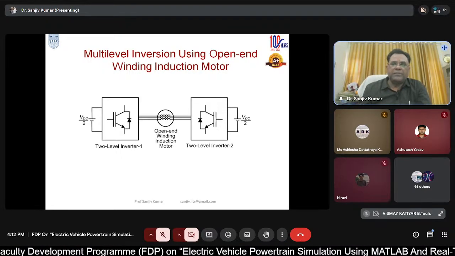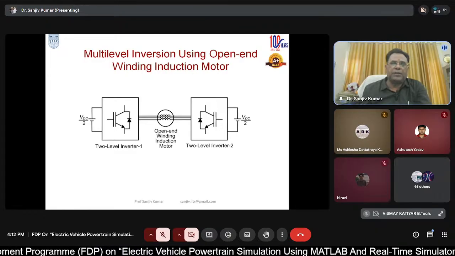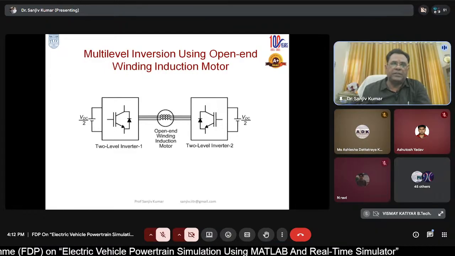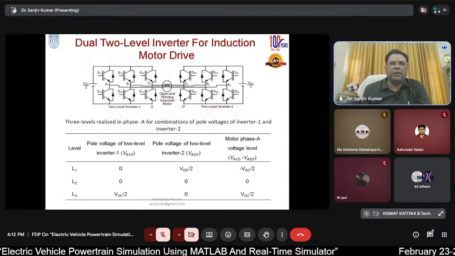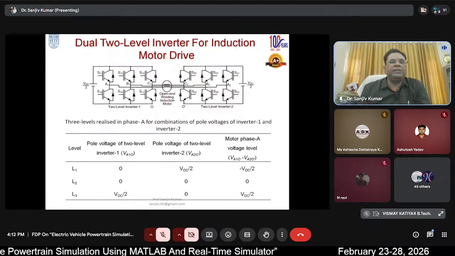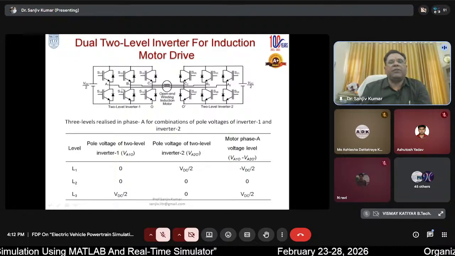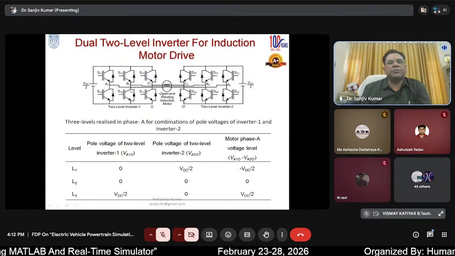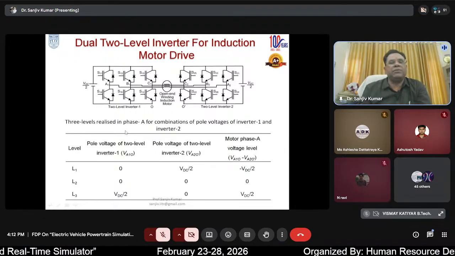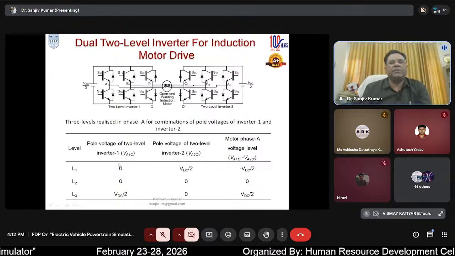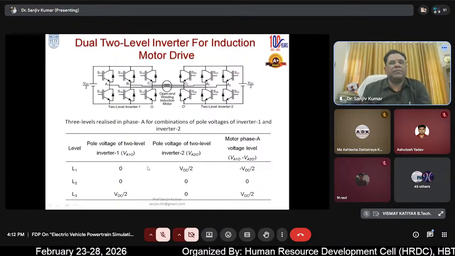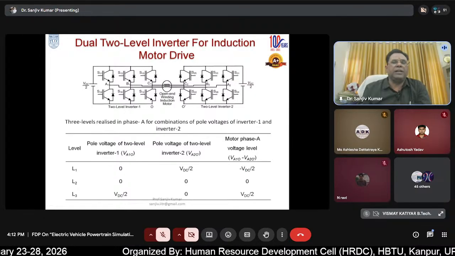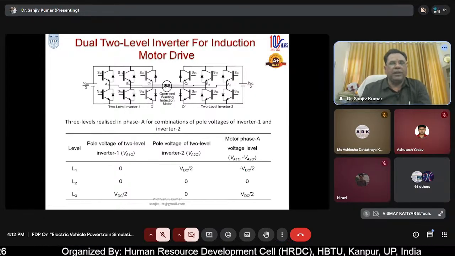You are simply feeding from two inverters, so each battery voltage is half of the full. This configuration using two-level inverters gives voltage performance equivalent to a 3-level inverter.